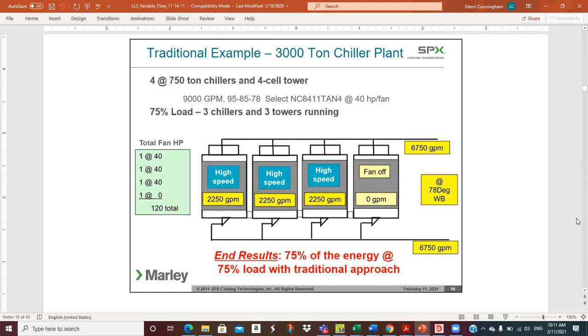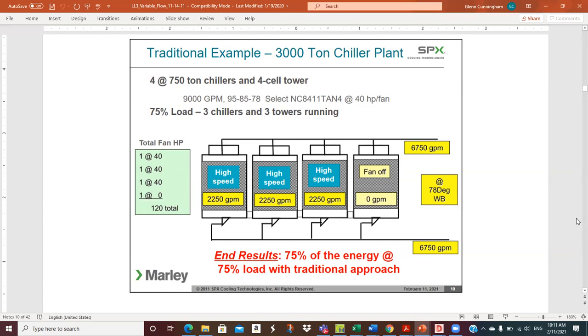And you need to get used to looking at these numbers: 95 water in, 85 water out, 10-degree range. 78 is the wet bulb at that design condition, so we've got a 7-degree approach. So there's your selection. That's a tower model number, and each cell has a 40 horsepower fan.